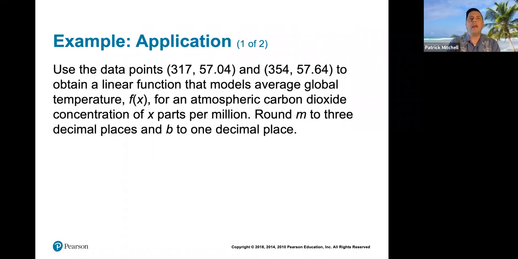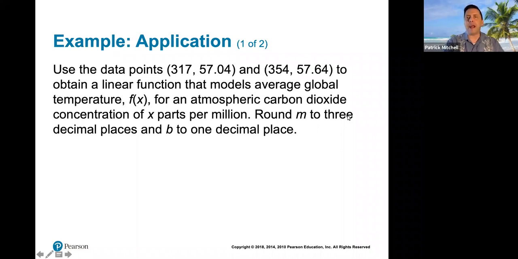All right, and we'll end this section by looking at an application. Use the data points (317, 57.04) and (354, 57.64) to obtain a linear function that models average global temperature, f of x, for an atmospheric carbon dioxide concentration of x parts per million.